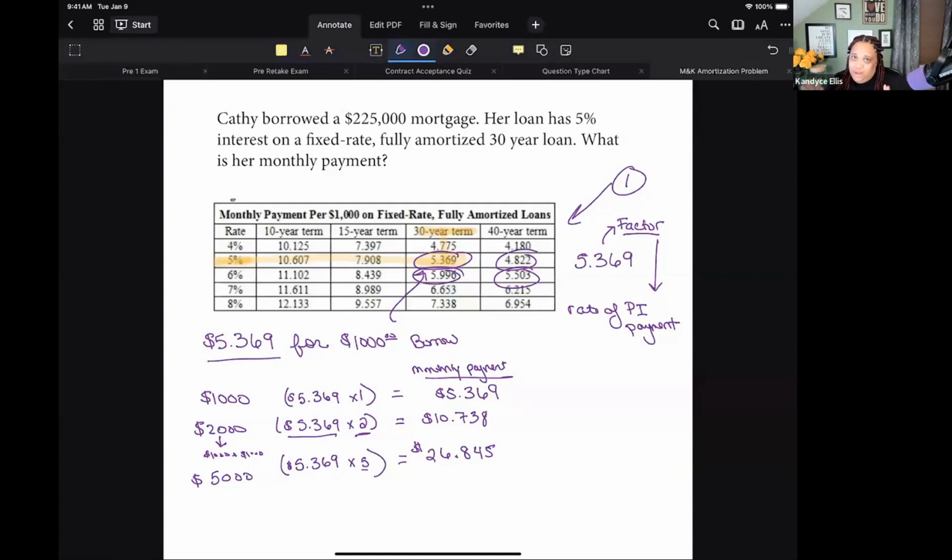Well, now that we understand that, we know in the problem that Kathy is paying this $5.36 for every 1,000 she borrowed. She's getting a $225,000 mortgage. So what I need to know is how many thousands are in 225,000. If you had a $1,000 bill, how many $1,000 bills would it take to get to 225,000?